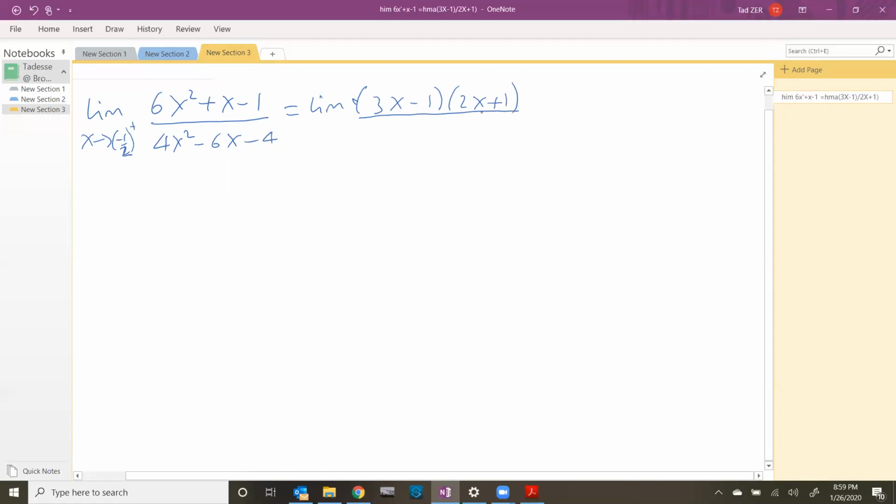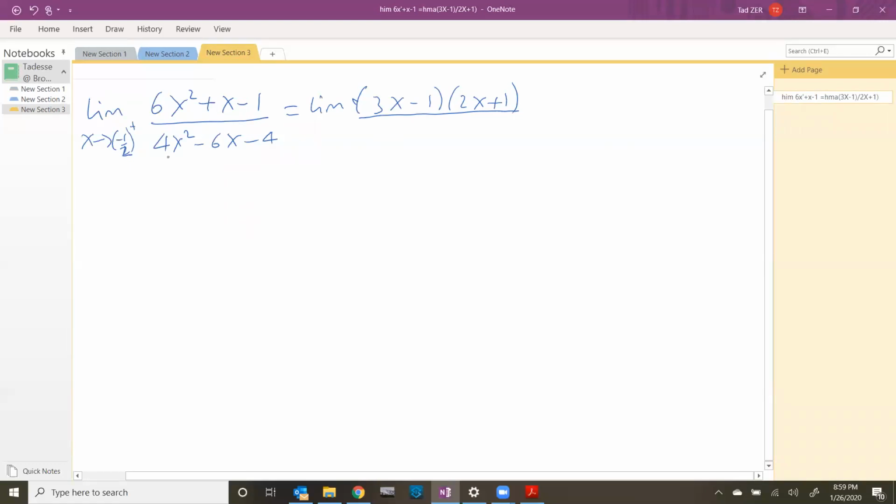So 3x times 2x is 6x squared, which is good. Negative 1 times 1 is negative 1, which is good. 3x times 1 is 3x. So I do have minus 1 times 2x, which is minus 2x. So that is perfect.